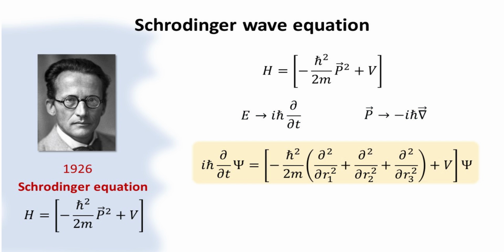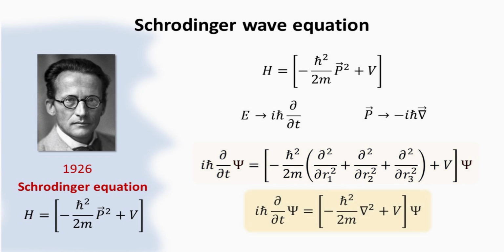We then arrive at the well-known Schrödinger wave equation with first-order derivative in time and second-order derivative in space. The Schrödinger equation governs the wave function of a quantum mechanical system, herein denoted by the symbol psi. This can be written more compactly in terms of the Laplacian. The Schrödinger equation is the fundamental equation of motion in quantum mechanics, much like Newton's second law in classical mechanics.